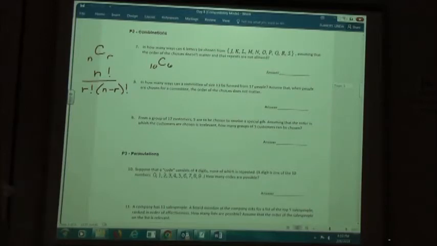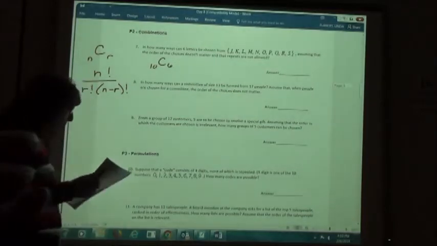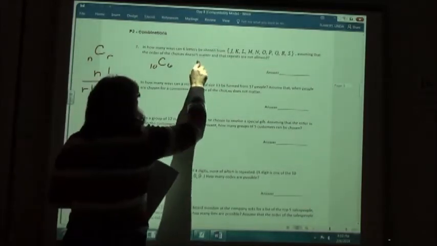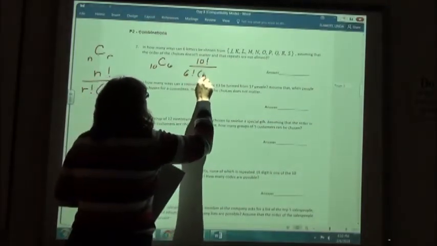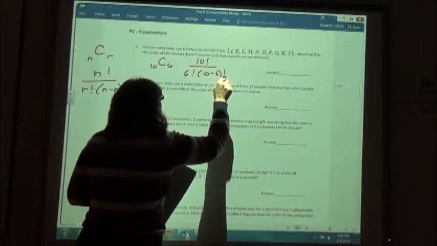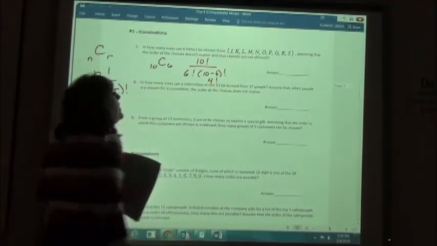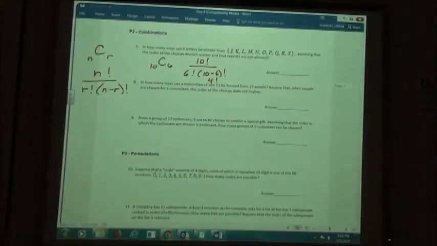If I put that into my formula, I have 10 factorial over 6 factorial times 10 minus 6 factorial. And 10 minus 6 would give me 4 factorial.